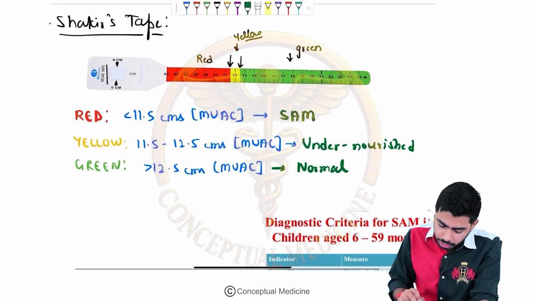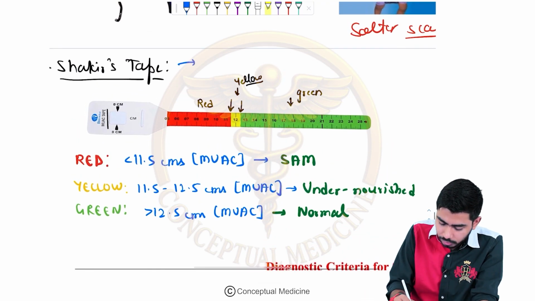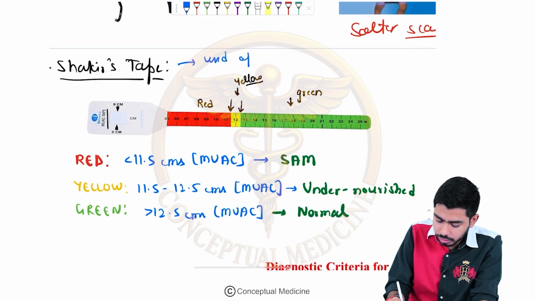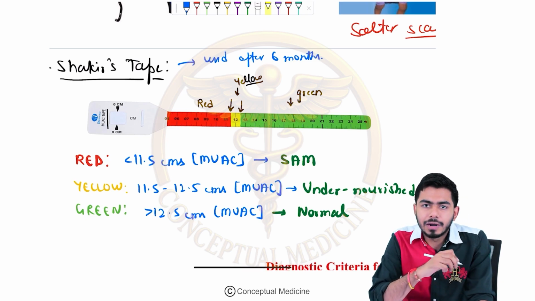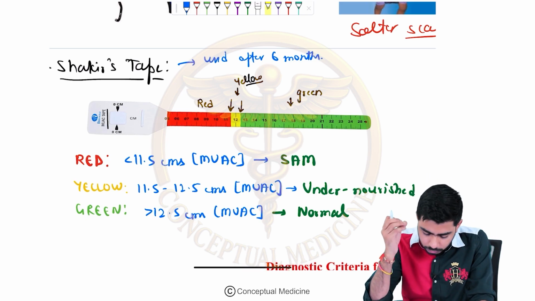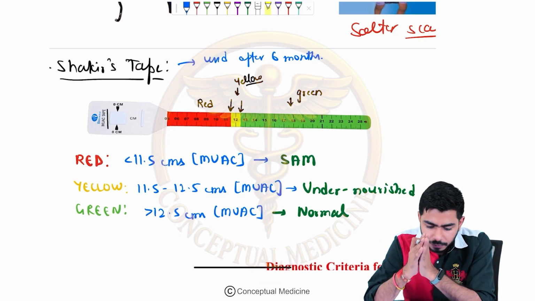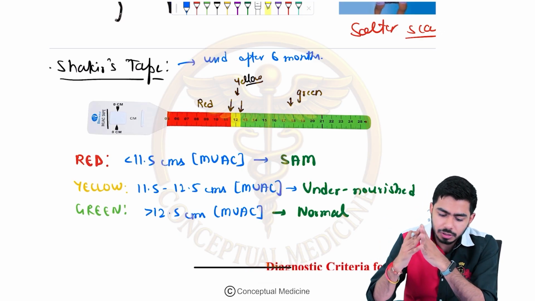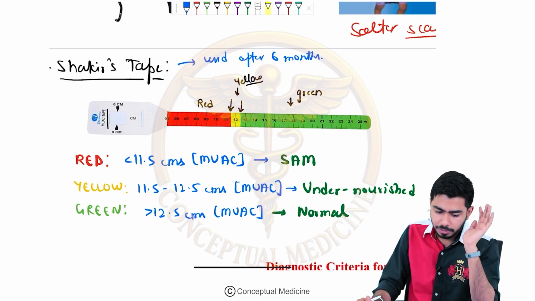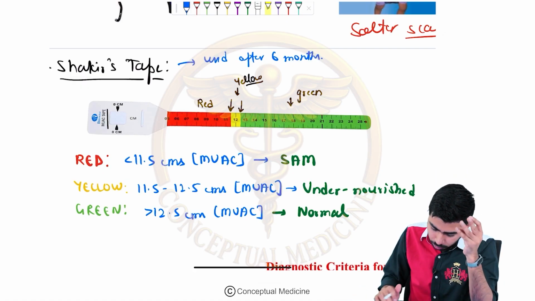Okay, please remember the Shakir tape, we are using it after 6 months of age of the baby, right? After 6 months we will start using it, and we are actually checking the mid upper arm circumference. This is a sensitive indicator which is checked through this Shakir tape.